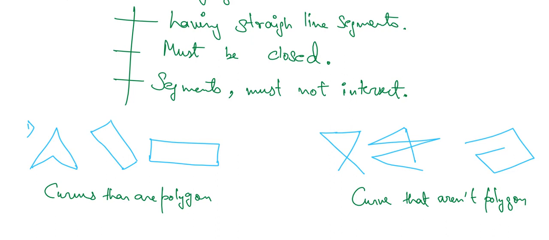So I am using four straight line segments, the figure is closed, and none of the edges are intersecting. So this curve is a closed polygon. This curve too has four sides, closed, and they are not intersecting.